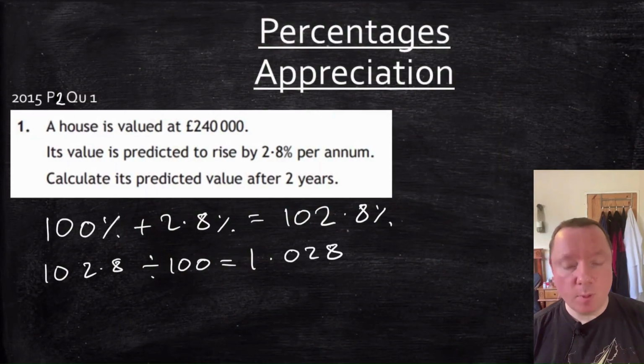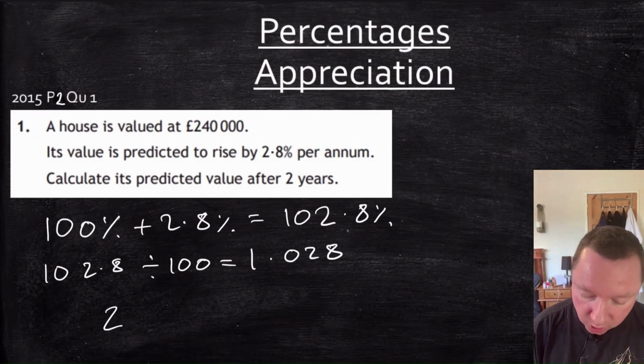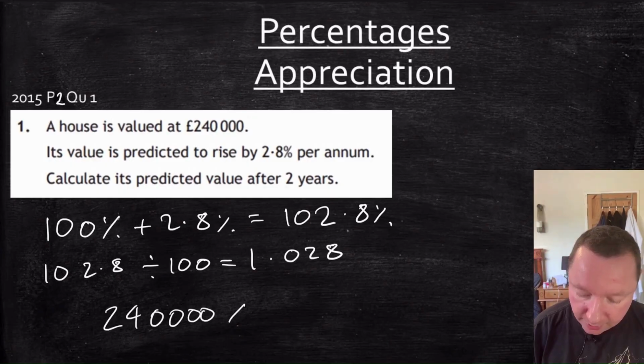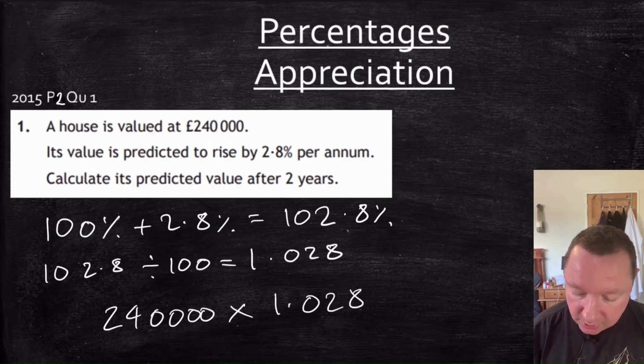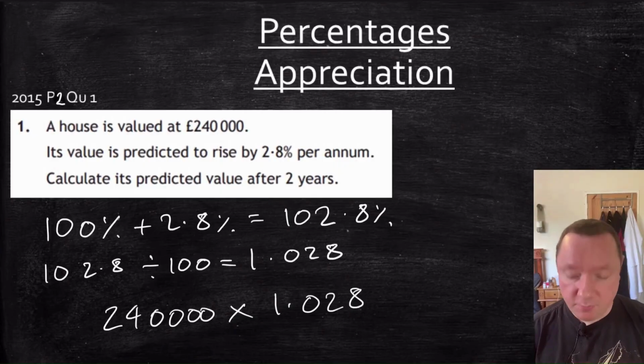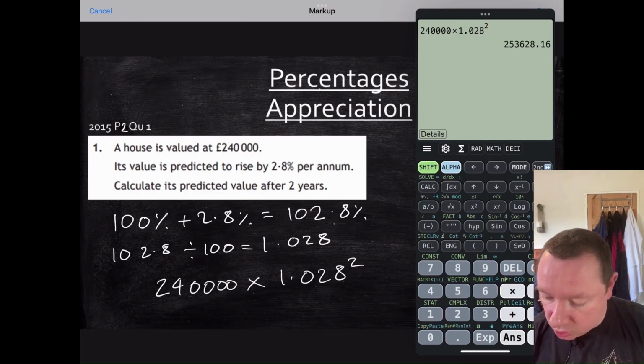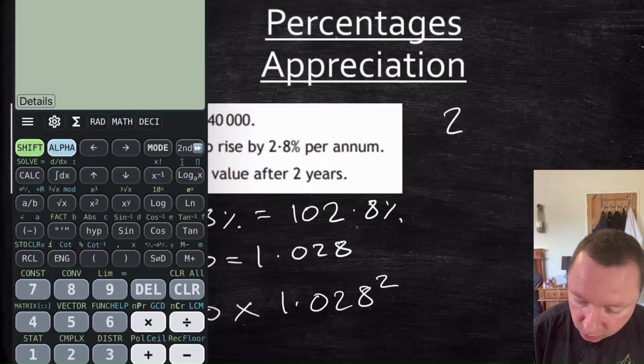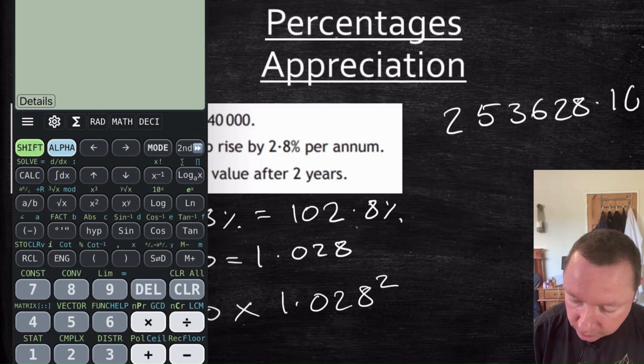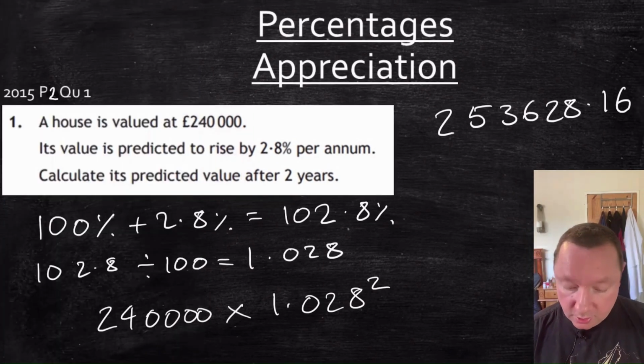So that is my key number, that's my multiplier, because now what I'm going to do is take my £240,000 times my multiplier, and it's to the power of however many years of a time frame, so in this case 2. 240,000 times 1.028 to the power of 2. And I get 253628.16. Last thing, don't forget your pound sign.